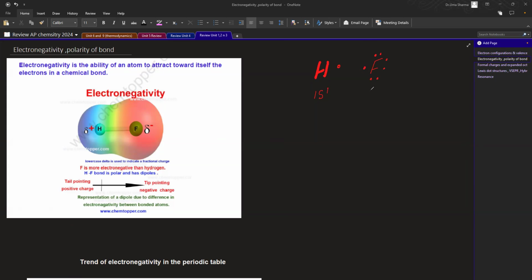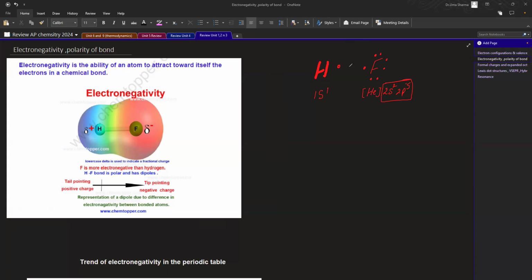Fluorine has a configuration of helium 2s2 2p5. It needs one more electron to complete the octet, 8. After that, which gas is there? Neon. Neon has 8 in the outermost shell, and fluorine wants to be like neon.